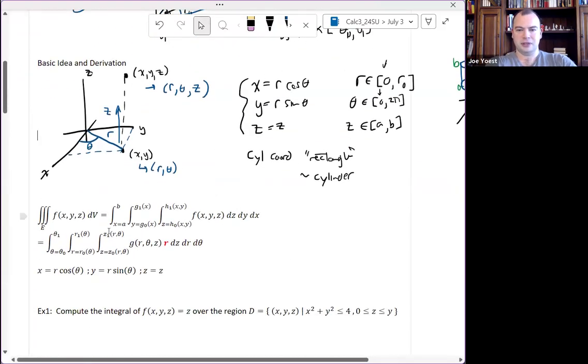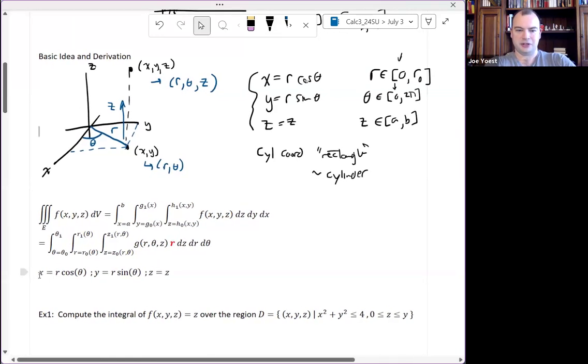Okay, so after all of this, what can we say? Well, again, we have our transformations, just the same polar transformations, and then we just let z equal z. Again, we're only really changing the way we describe the point in the horizontal plane, the xy plane, and we're still just going up z units vertically.